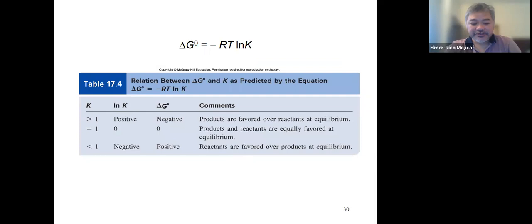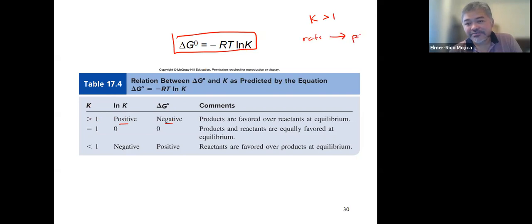Now, this equation delta G equals negative RT ln K, what information does it give us? If K is more than 1, so your ln K is positive, then delta G is negative. When is K more than 1? Remember, reactants producing products.